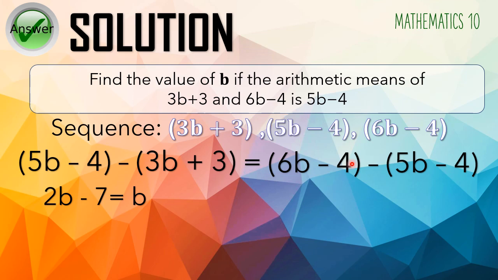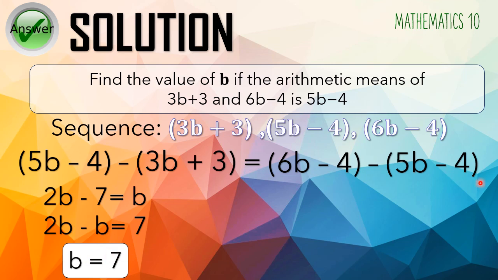So next to that, let's combine like terms again. So 2b minus b equals 7. Here we are using the shortcut, the transposition. And so 2b minus b is equal to b, and b is equal to 7. So therefore, the value of the variable would be 7.